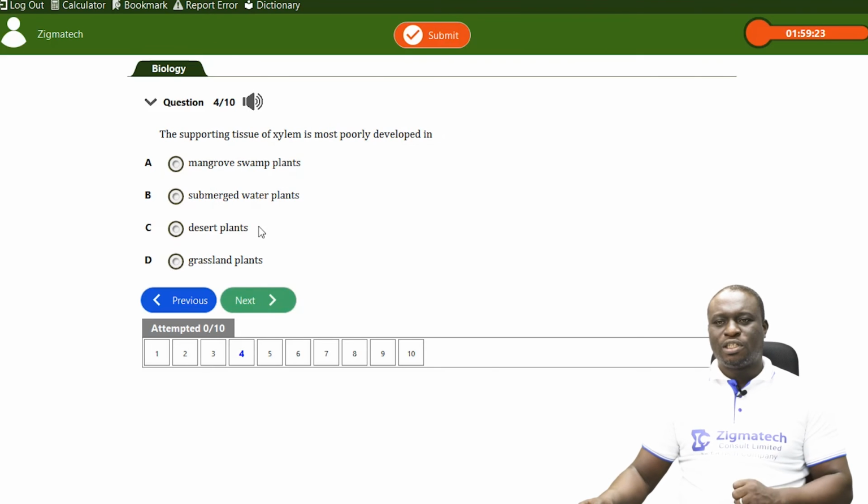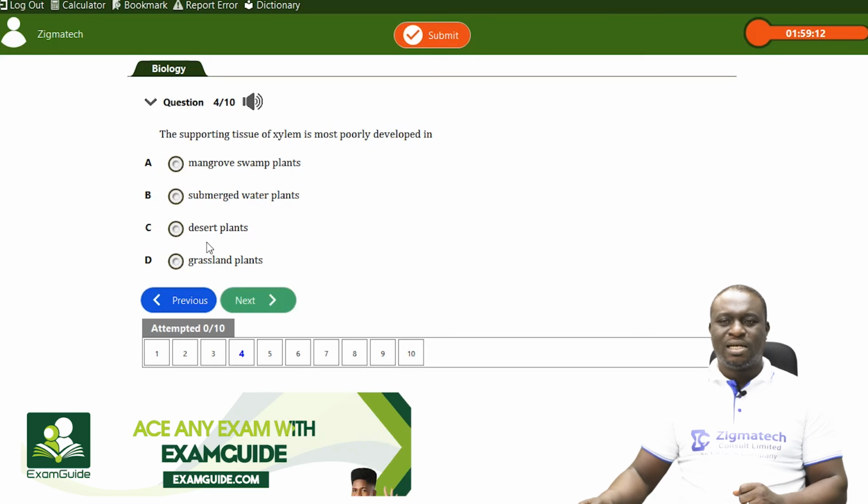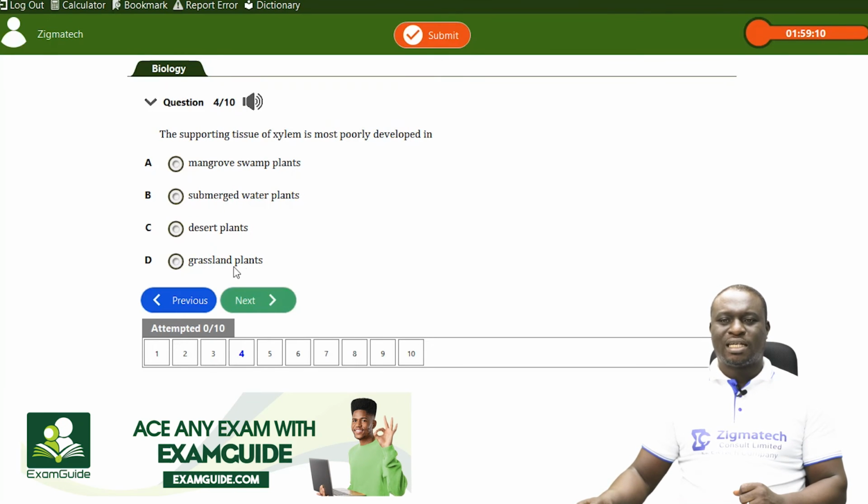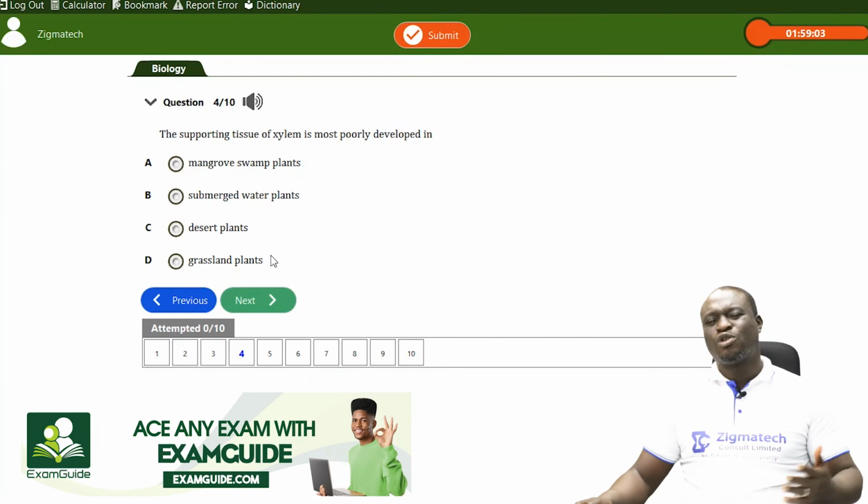Now they said the supporting tissue of xylem is most poorly developed where? Most poorly developed, is it a mangrove swamp plant, submerged water plant, desert plants, grassland plants? The correct answer is submerged water plants, because you have a lot of water.